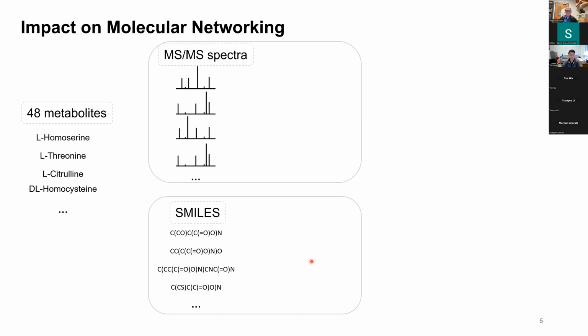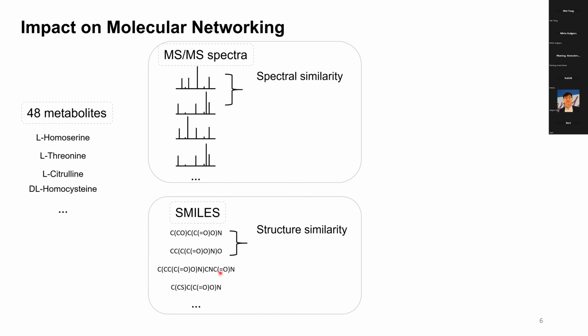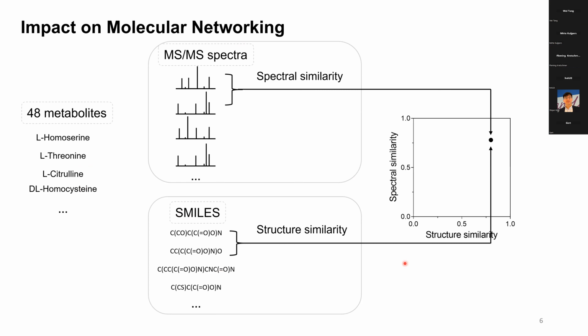So here's a demonstration. We can take some metabolites. We run these metabolites using this targeted MS/MS approach to generate high-quality MS/MS spectra. On the other side, we have the SMILES file, so we can calculate both their spectral similarity and their structural similarity. Then we can map them into this 2D diagram where the x-axis represents structural similarity and the y-axis represents spectral similarity.